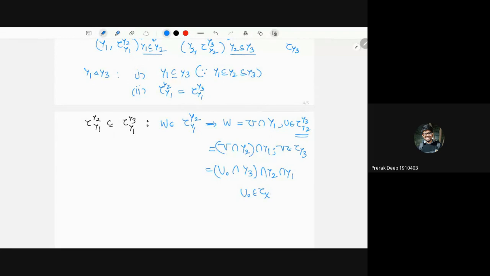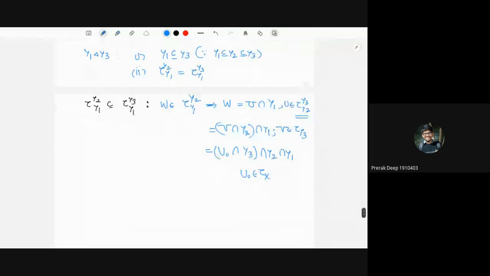Now we want to show that W is in this. So W has to be of the form some U intersection with Y1, where U is in tau_Y3.